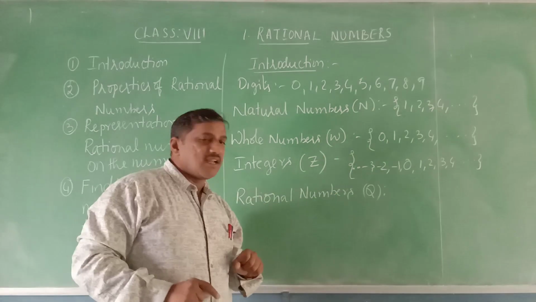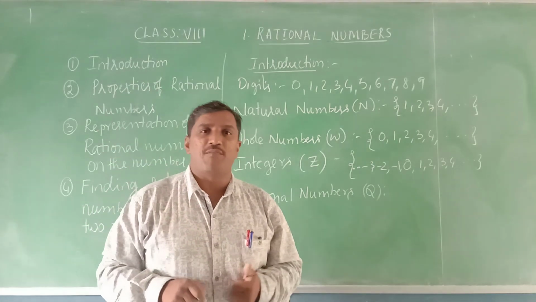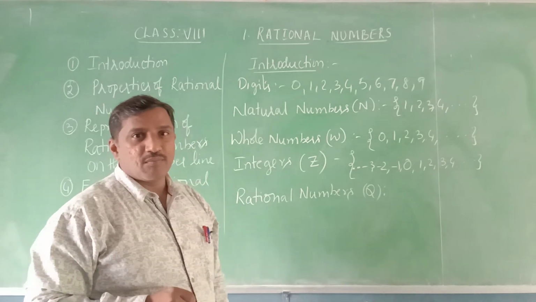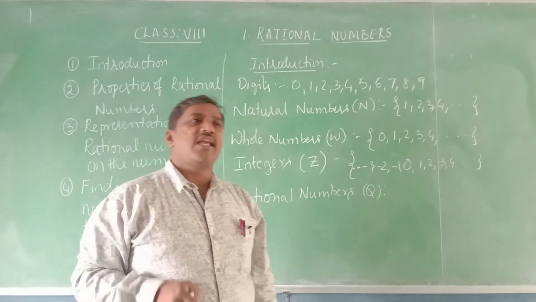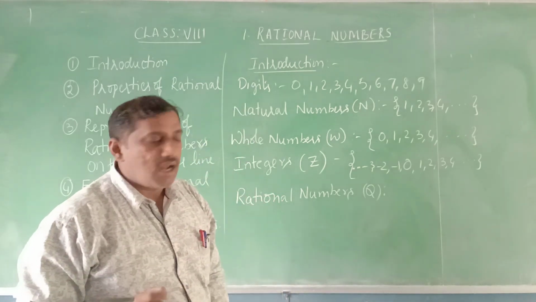So what are rational numbers? The numbers which can be expressed in the form of p by q, where p and q are integers and q is not equal to 0, are known as rational numbers.